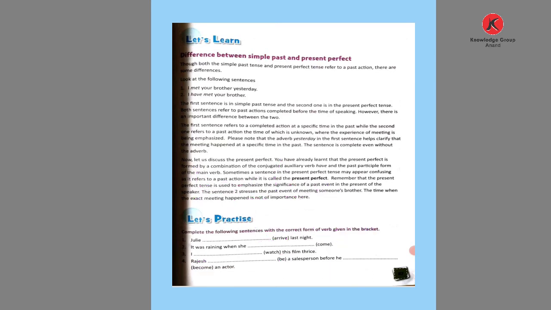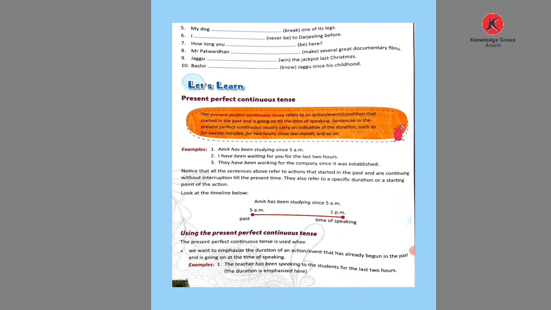Then the fifth number: my dog blank one of its legs. Not only the first time, but next time also he has done it. So here we use present perfect. My dog is singular, so we use has, then break changes into broken. Has broken is the answer.